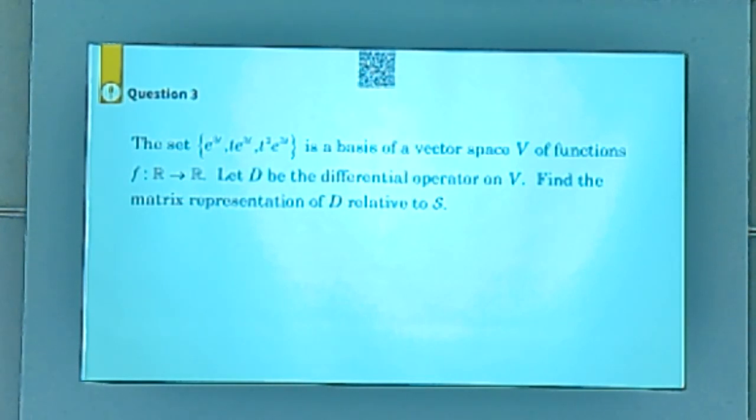D is the differential operator. And so D is going to be from V into V. We're going to find the matrix representation of D with respect to S.